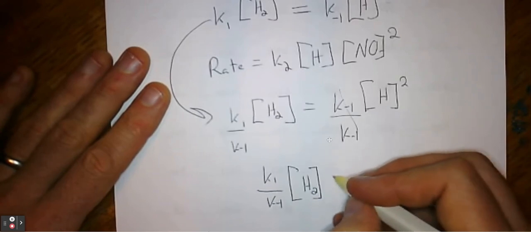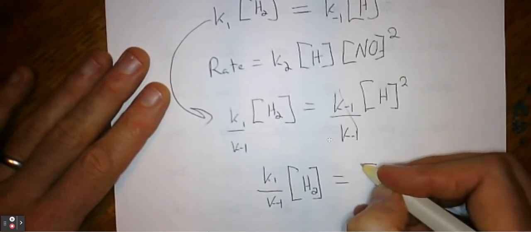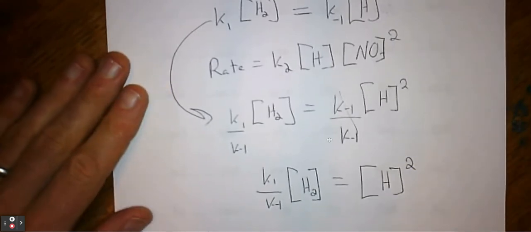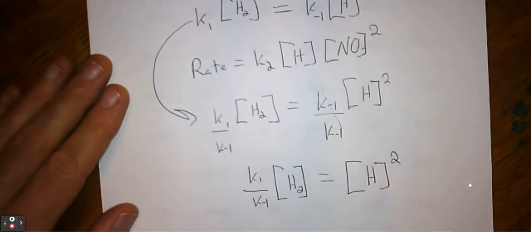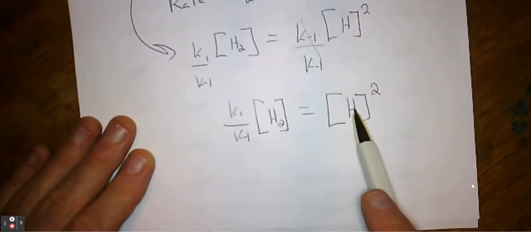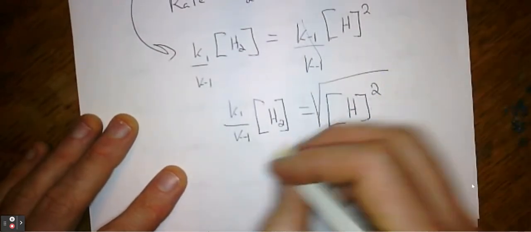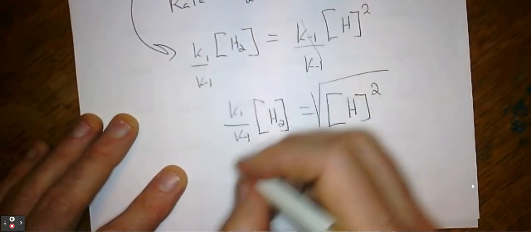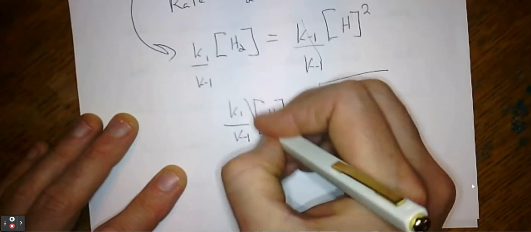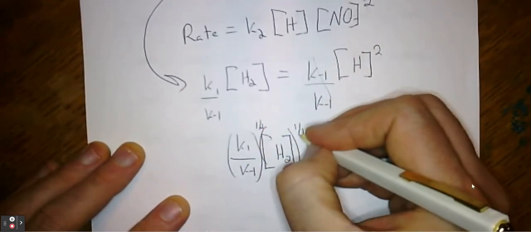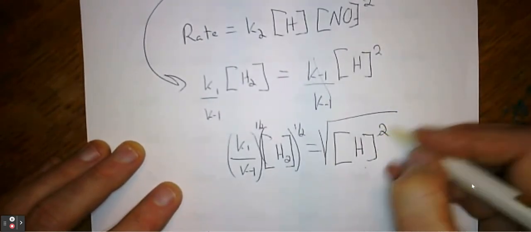Now I've got a squared. So how do I get rid of a squared? I have to take the square root. So this is going to be raised to the half power, and this is going to be raised to the half power, and then that's just that.